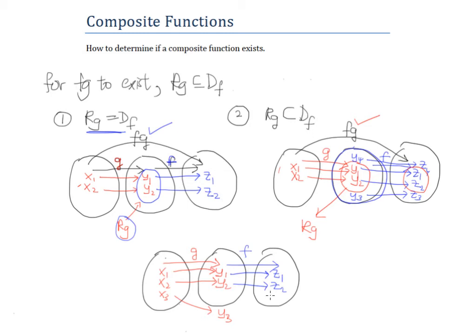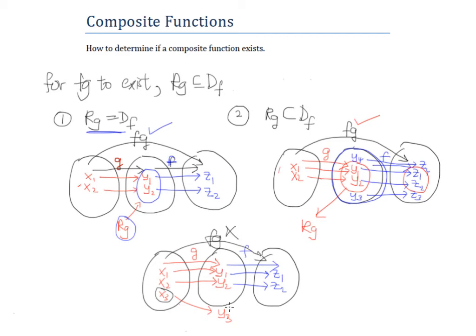So you see the problem here? The problem is that somebody is lost, and that somebody happened to be x3. So there isn't any z3 around. In this case, you cannot say that the shortcut exists, because this shortcut will not work for x3: when you map x3 over, the y3 falls outside whatever can be put inside f.